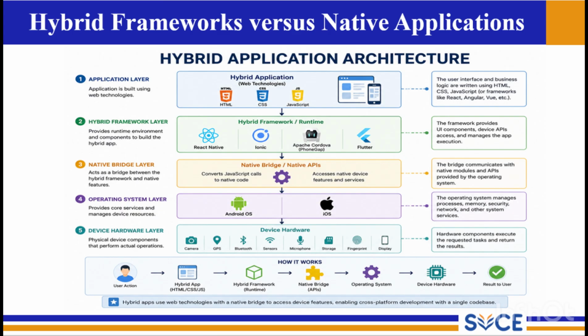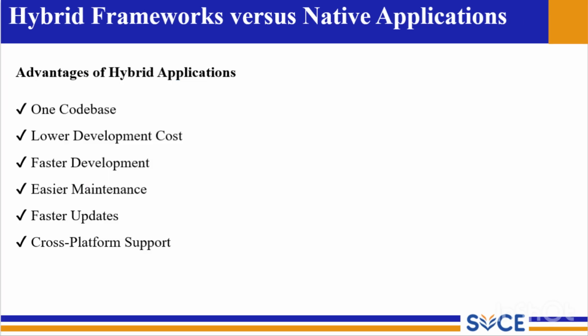For most business applications, this difference is hardly noticeable. However, applications requiring extremely high performance, such as 3D games or advanced video editing software, are usually developed using native technologies. Hybrid applications are popular because they significantly reduce development time and cost.